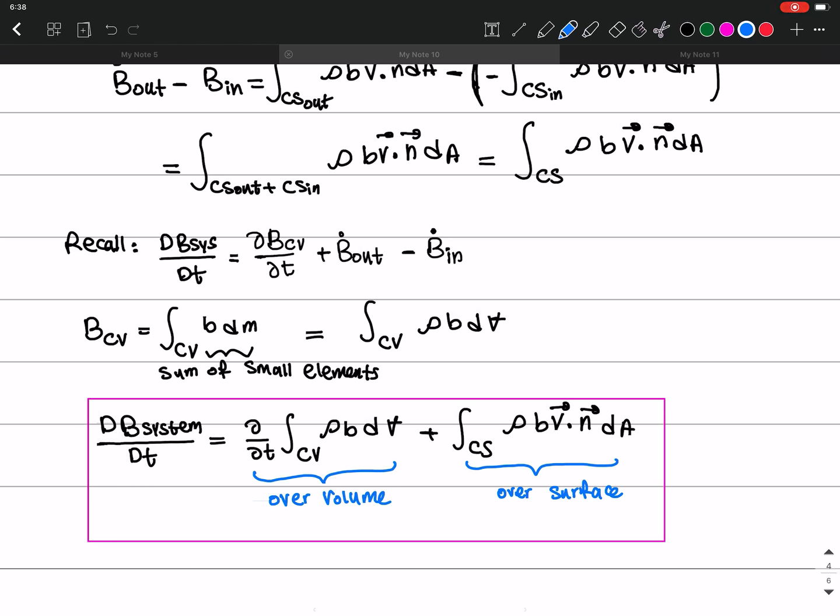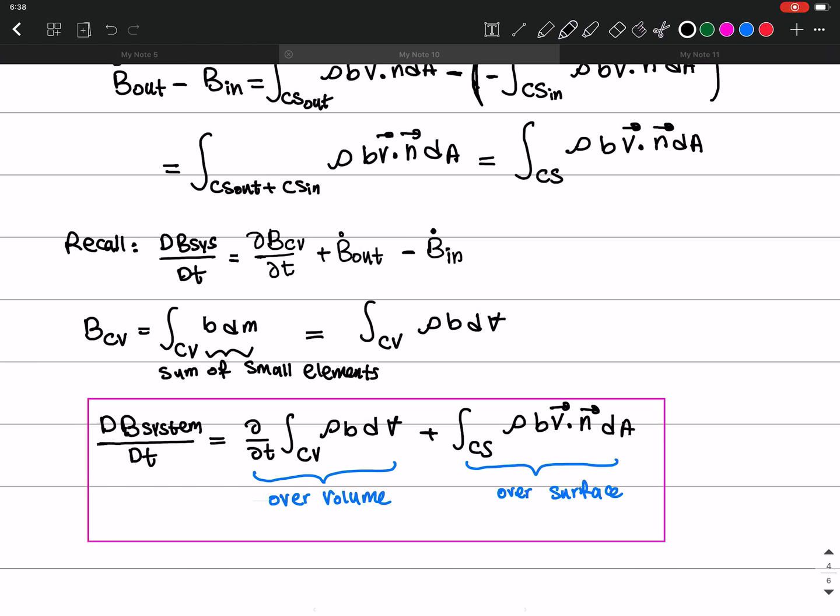This means that the total change of any parameter in the system equals the change of that over the control volume, plus the change of that over the surfaces. Okay, so this is what it means.